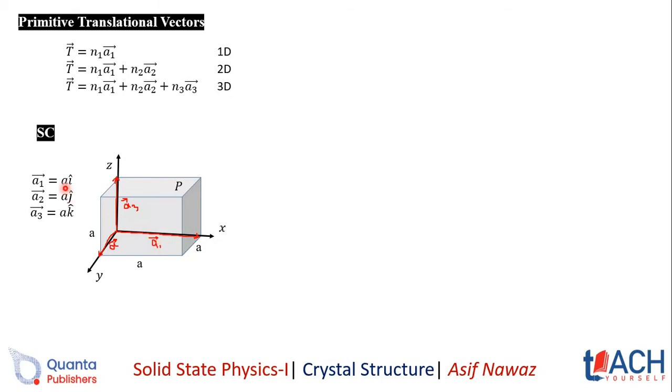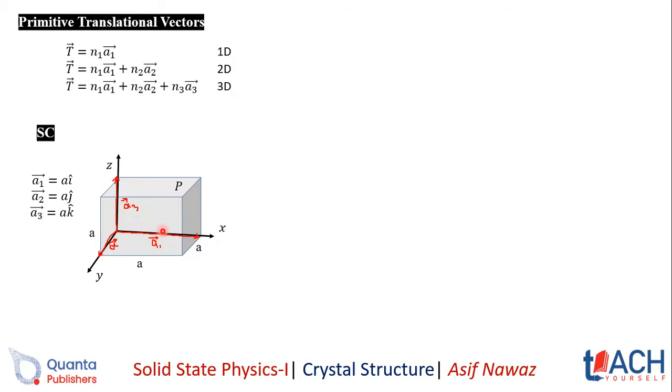So a1 is given by a i unit vector. Similarly, if we travel along the y-axis from the origin to the next nearest neighbor, then we have a2 given by a j unit vector, right? And similarly, the transition along our z-axis would be a3 given by a k unit vector. This was about the simple cube.